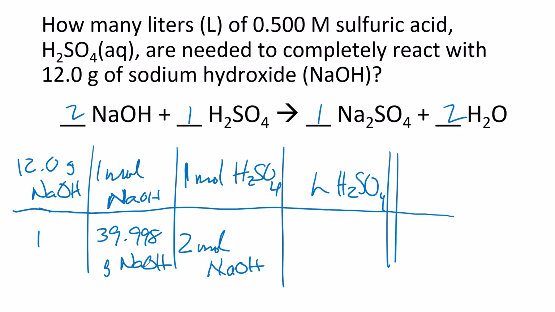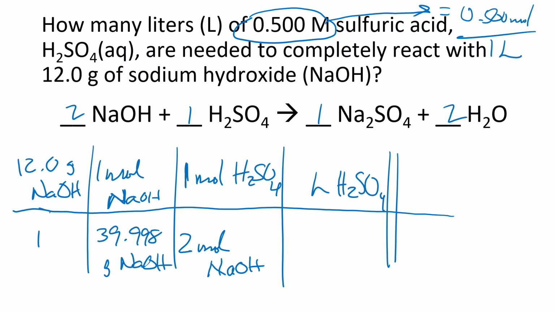So here, the trick with this new stuff now is that if you see a molarity like this, 0.500 molar, equals 0.500 moles over 1 liter. And because it's a conversion factor, you can flip it, so you're going to put 0.500 moles of H2SO4 on the bottom, and then 1 liter of H2SO4 on the top.